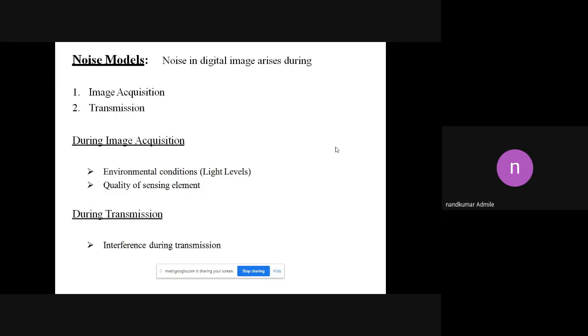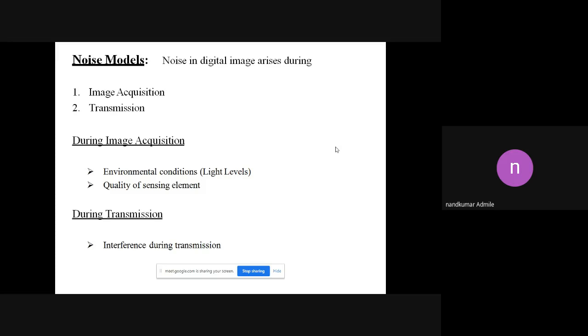When we focus light on a particular object, at that time some noises are added in the image. That is at the time of image acquisition. The second is image transmission. When we transmit the image from the spatial domain to the frequency domain, at that time various types of noises can be added, which is called interference of noise.